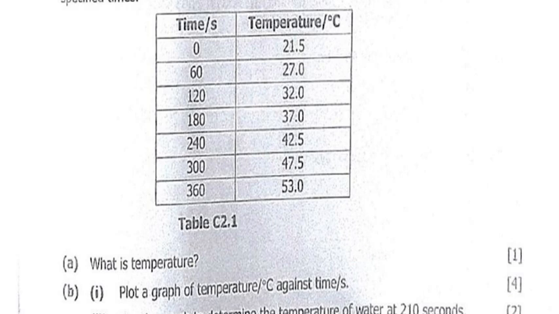Using a graph paper, but I'm just going to do a sketch of the graph of temperature against time, so that you'll be able to follow. You give it a title to say temperature versus time.